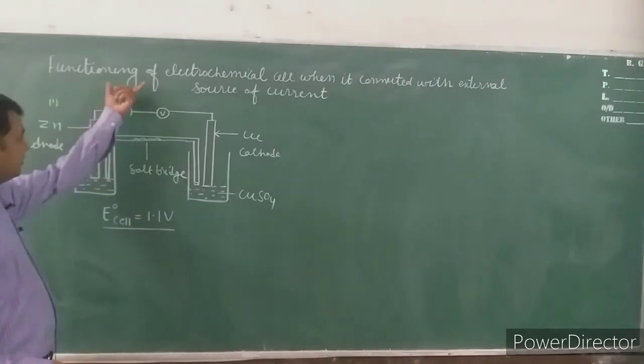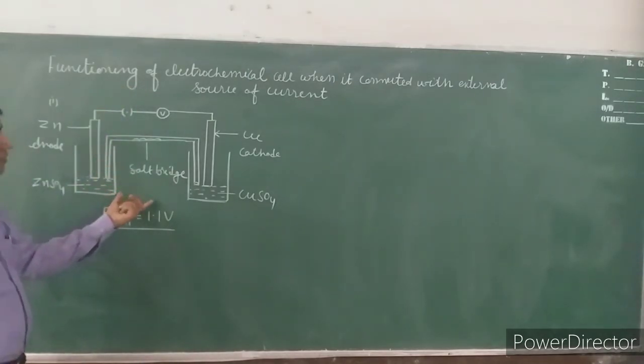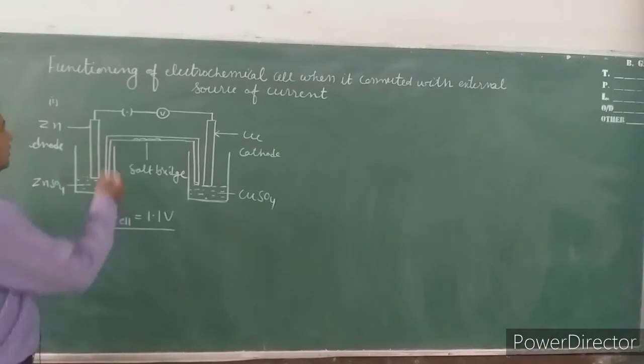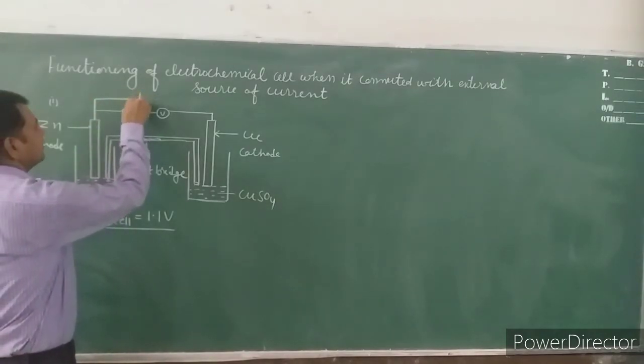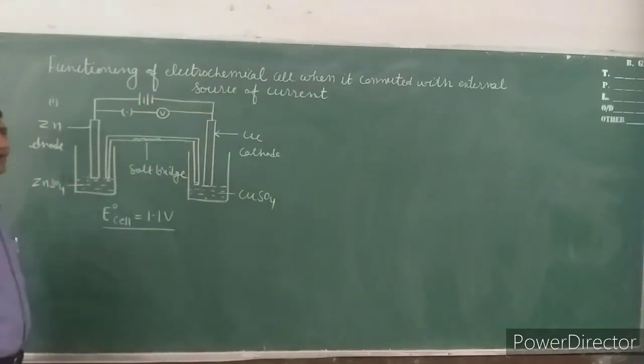Now, how can we correlate this Daniell cell with the given topic, functioning of electrochemical cell when it is connected with external source of current? The simple meaning is that when we connect this electrode with the external source of current, which is generally a battery. So this is the meaning.